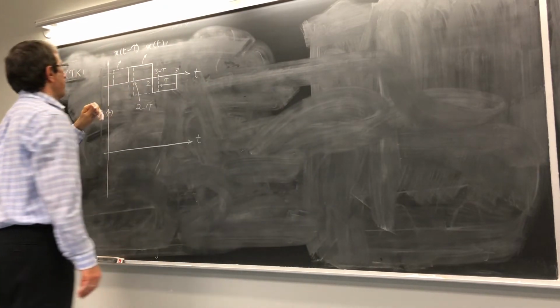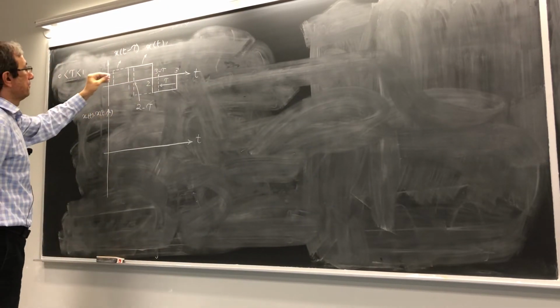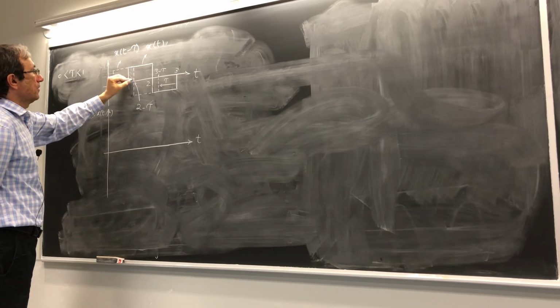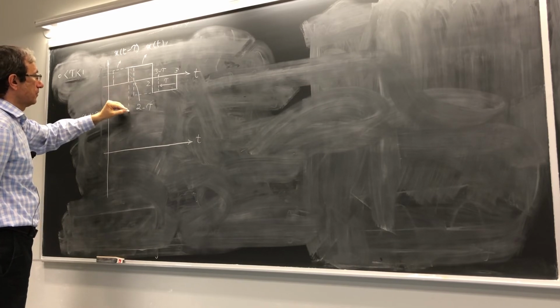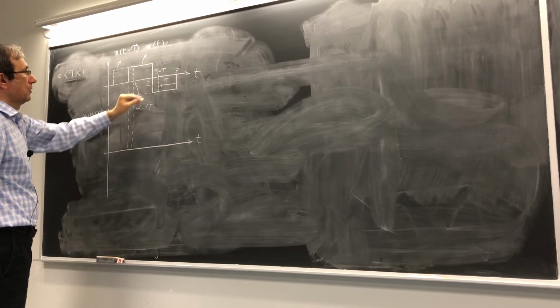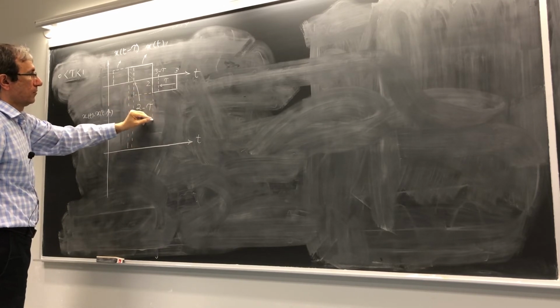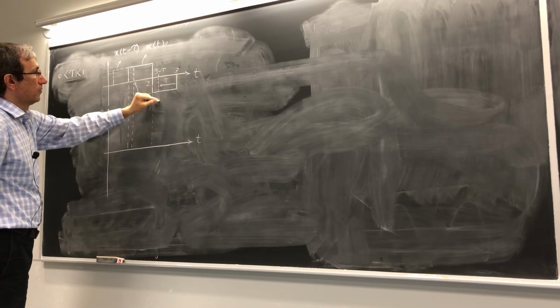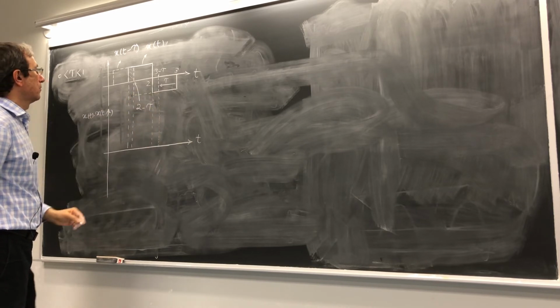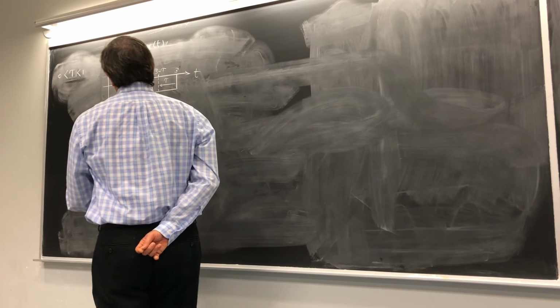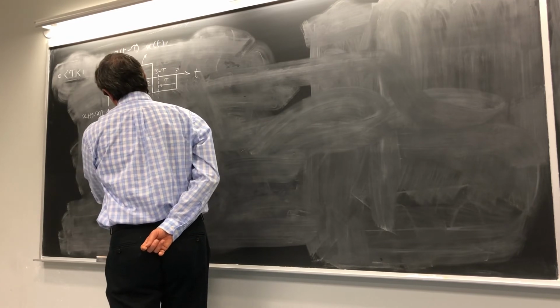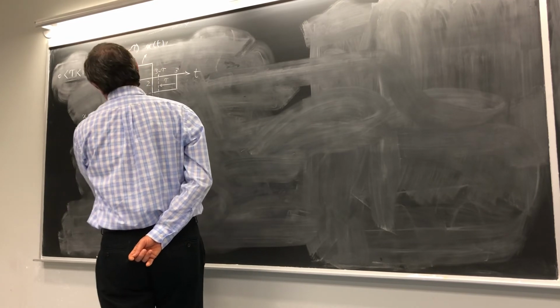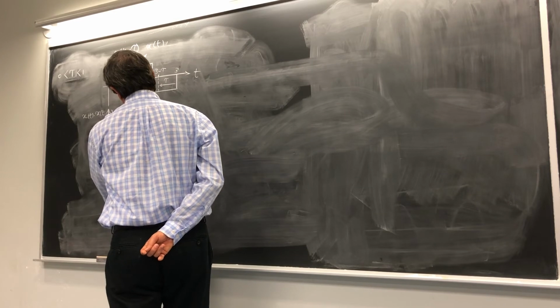Product is now this overlap, so from 1 to 2 minus tau.